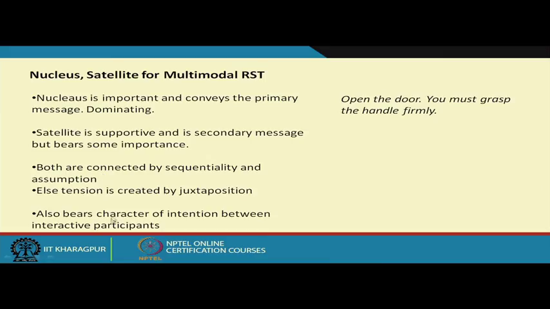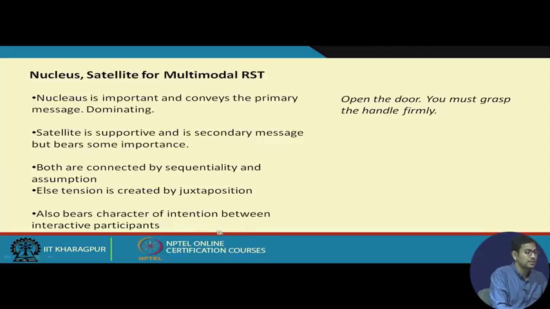If this is not happening, if there is a random juxtaposition, there will be a tension which is created in your imagery. Many visual artists often do that. So, juxtaposition without having these nucleus or satellite in a particular sequential arrangement will create some kind of tension within your image. It also bears the character of intention between the interactive participants.